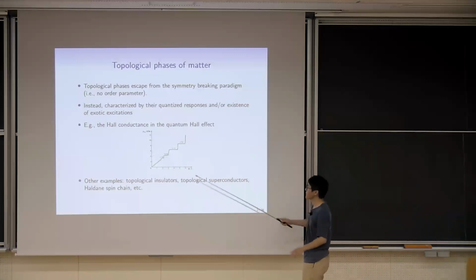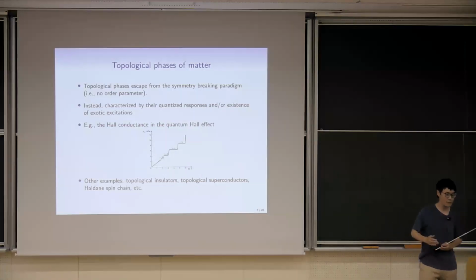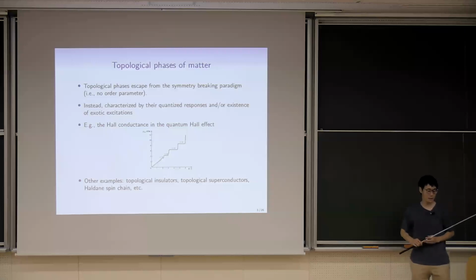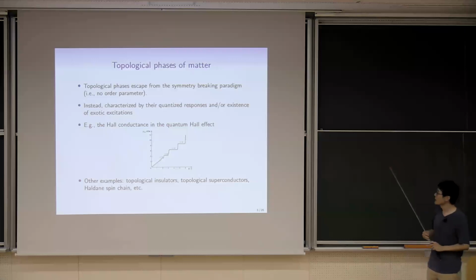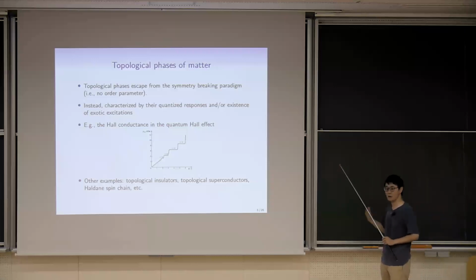For each plateau, we realize a particular gapped phase of matter. But these phases are not distinct from the point of view of symmetry. They are characterized by topological quantities, in this case the quantized Hall conductance, this famous quantized Hall conductance.